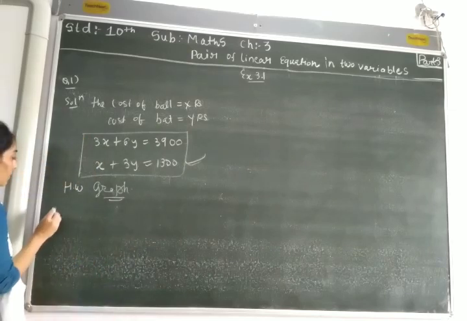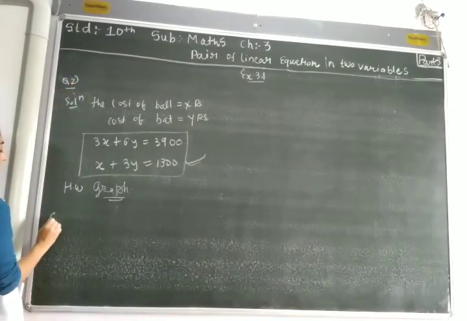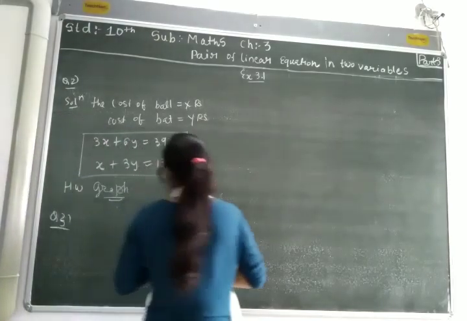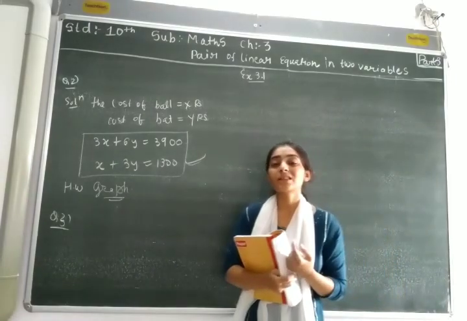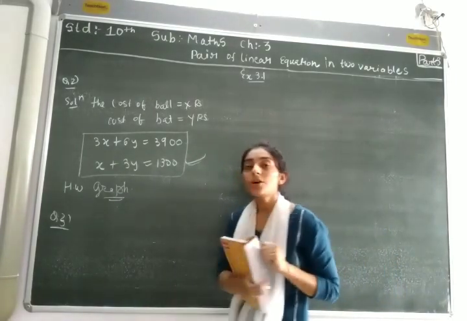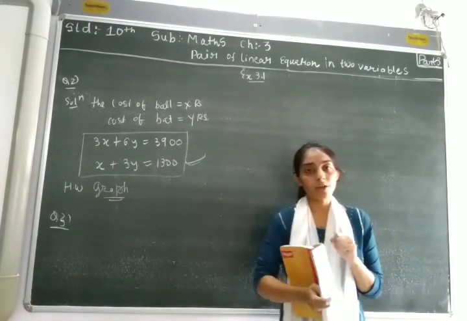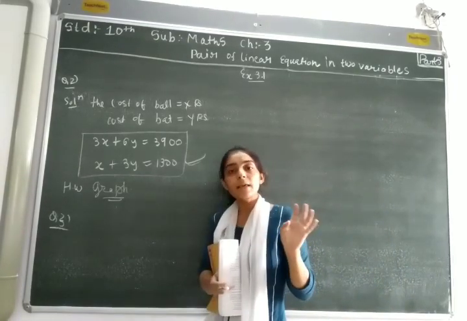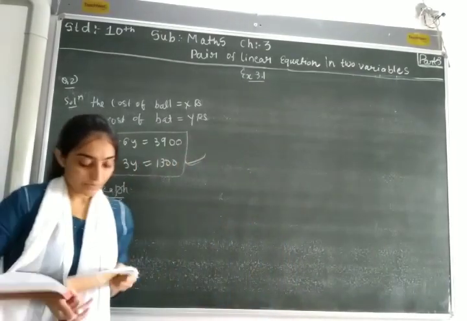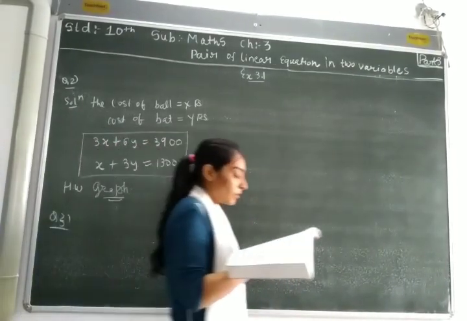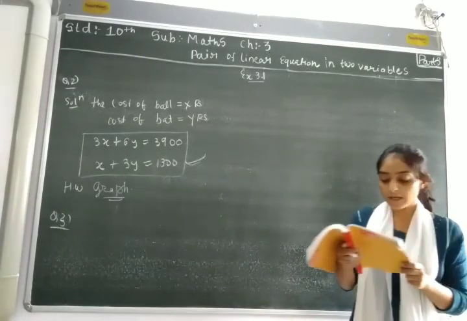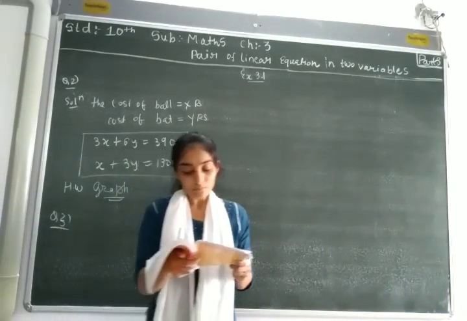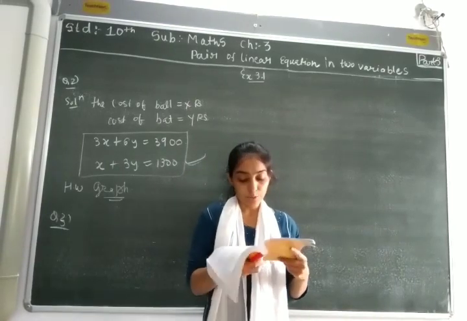Now question number 3. I'm just representing it algebraically so that you can tally your equation with this equation. If the equations are correct, you can form the graph easily. The cost of 2 kg of apples and 1 kg of grapes on a day was found to be 160 rupees.